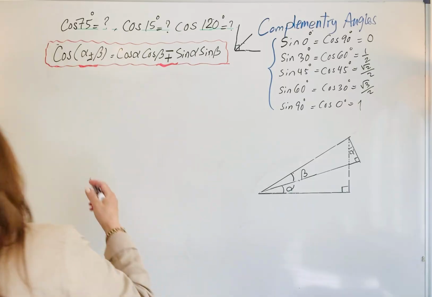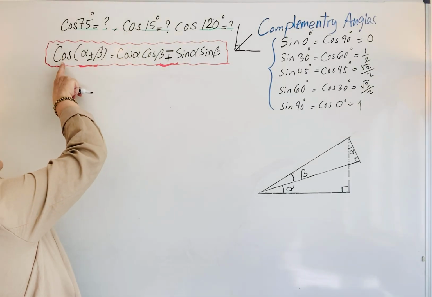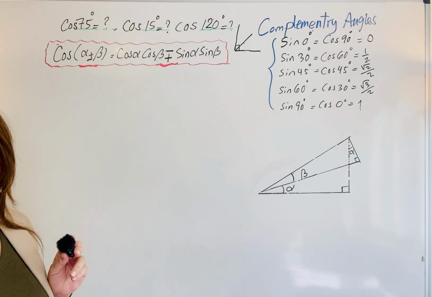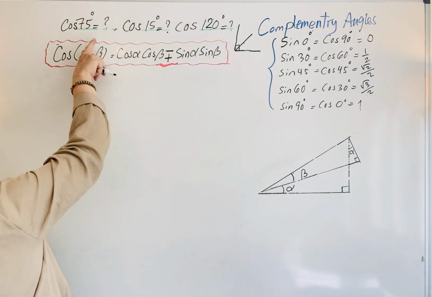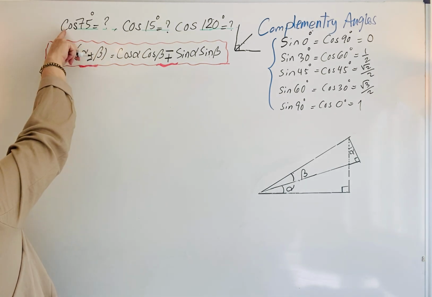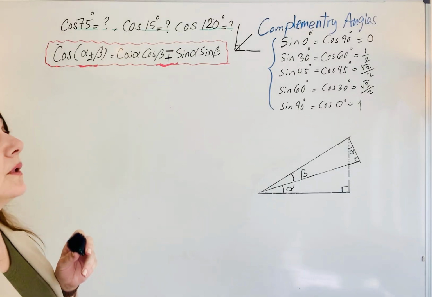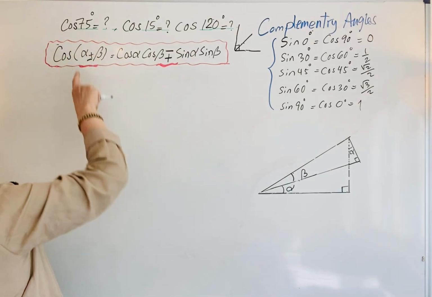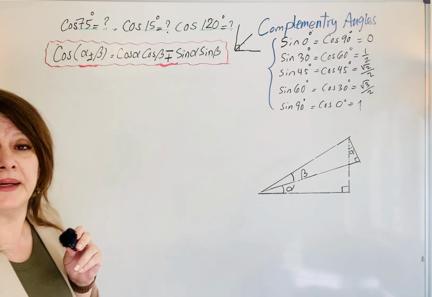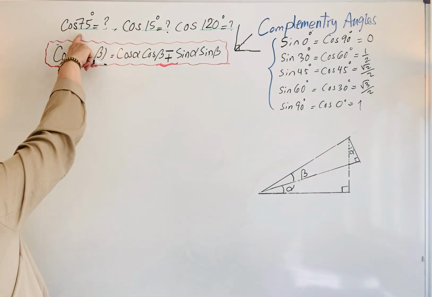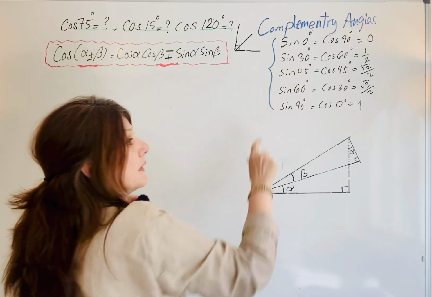But back to cosine. We are going to find the cosine of the sum of two angles. What is this for? We use it because sometimes we have an angle like 75 degrees. We are looking for the cosine of 75 degrees, but 75 is not here. How can we do that? We can write 75 as the addition of 30 and 45.